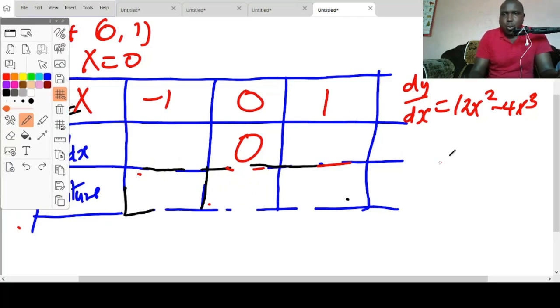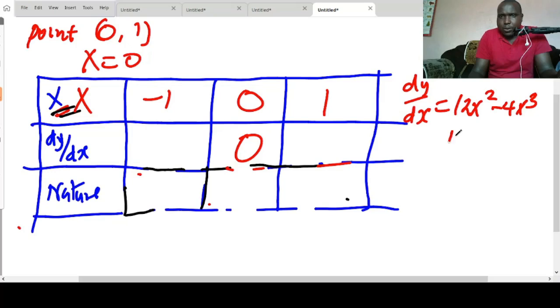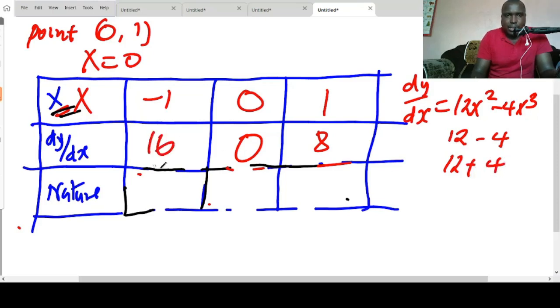Now let's put 1. If we substitute with 1 here, we will have 12 minus 4, and here is going to be 8. To the left, we substitute with negative 1. So -1 square is 1, so in fact, it's going to be 12 plus 4, and this one will be 16.